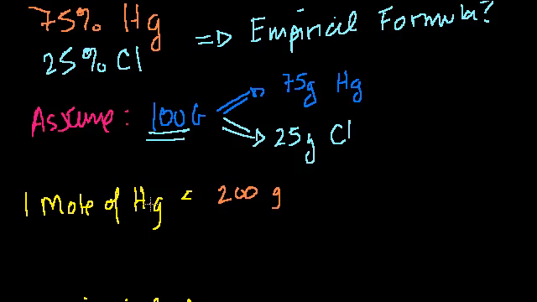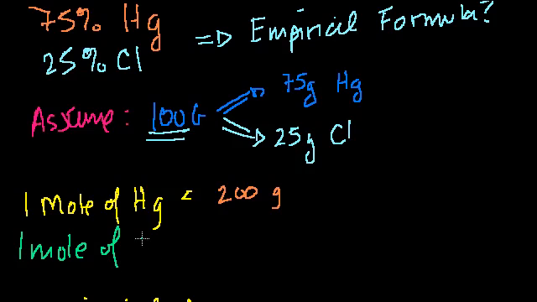How did I get that? 1 atom of mercury has a mass of 200 atomic mass units. So 1 mole of mercury, 6.02 times 10 to the 23 mercury atoms, has that many grams of mass. Instead of 200 atomic mass units per atom, we have 200 grams per mole of that atom. It's an easy calculation. You just look up its atomic mass number and say it's that many grams when you have a mole of the substance.